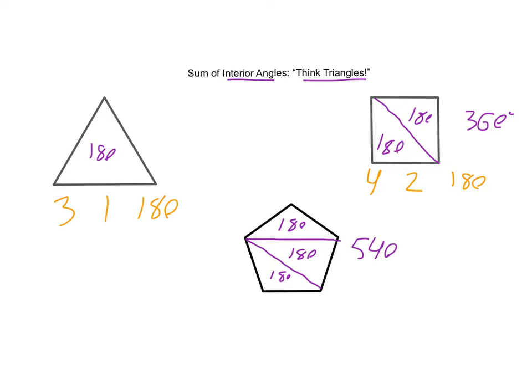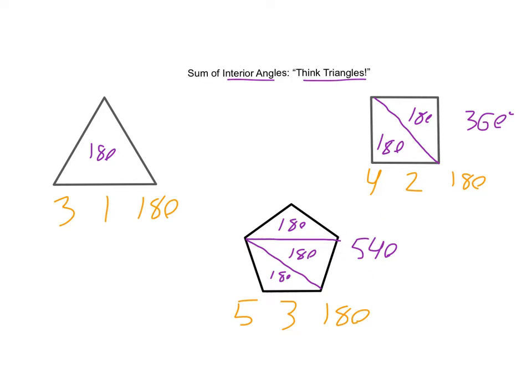In our pentagon, we have 5 sides that make 3 triangles, which we're going to multiply by each triangle's measurement of 180 to get our 540 degrees.